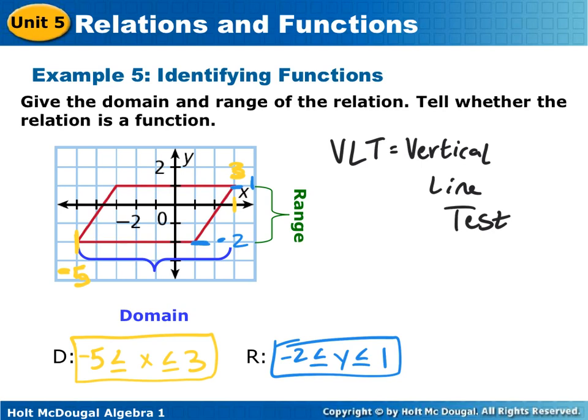So as I look here, all right, I've got my vertical line. As I go across this, do I ever have something that's got two x values with different y points? Yes. If you look at this, do you see how this crosses it at two unique points? Therefore, you would say this is not a function.